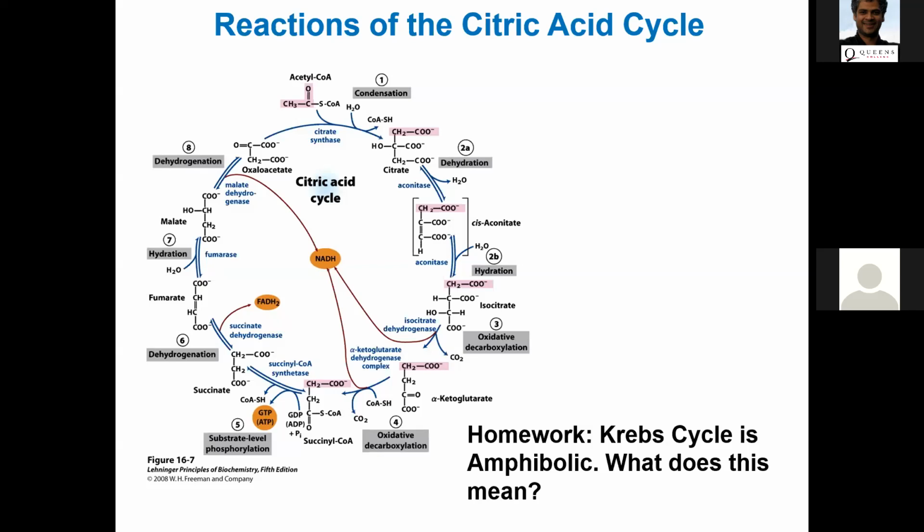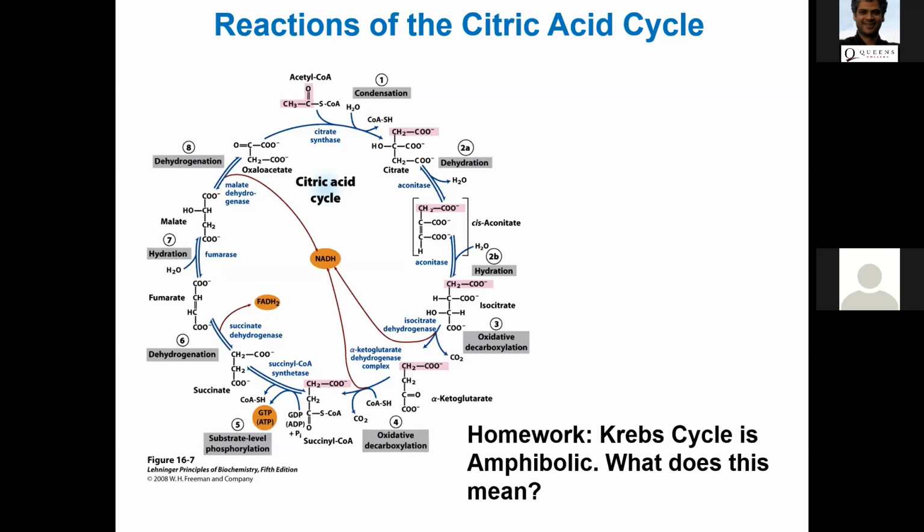Pyruvate dehydrogenase complex is really not technically part of the citric acid cycle. It has its own reaction. It irreversibly will convert pyruvate to acetyl coenzyme A. And of course, as you have seen, it's regulated very tightly.